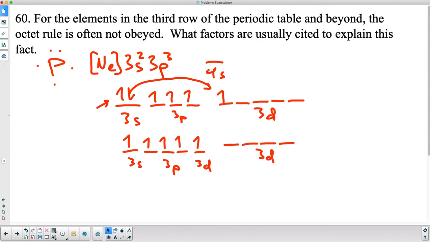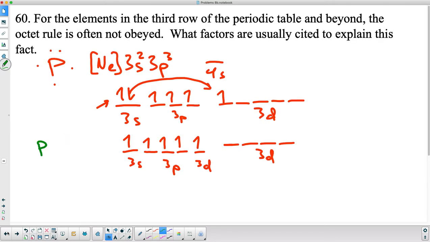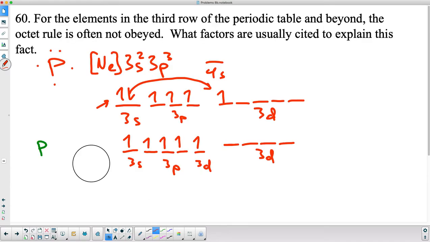So if we have something like PF5, I'll use green for the F to show the bonding electrons from the F fit in here, here, here, here, and here.